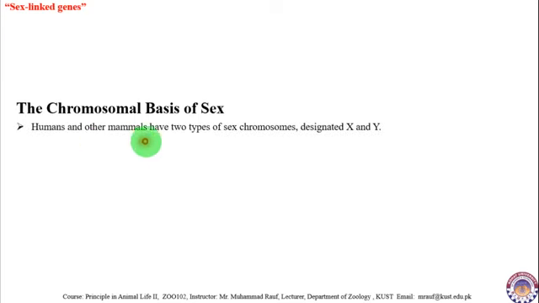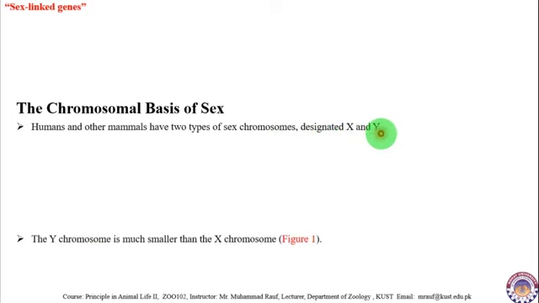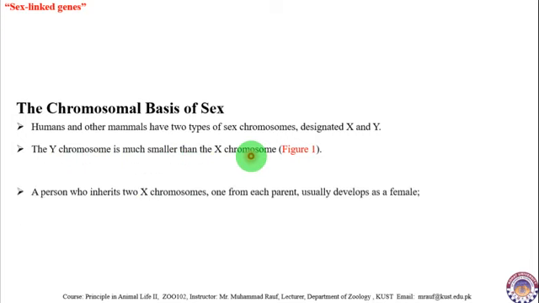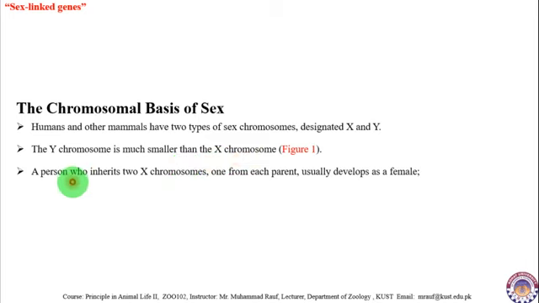Humans and other mammals have two types of sex chromosomes, designated as X and Y. The Y chromosome is much smaller than the X chromosome. A person who inherits two X chromosomes, one from each parent, usually develops as a female.